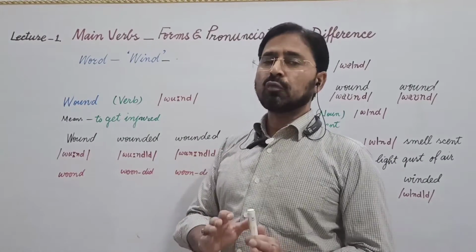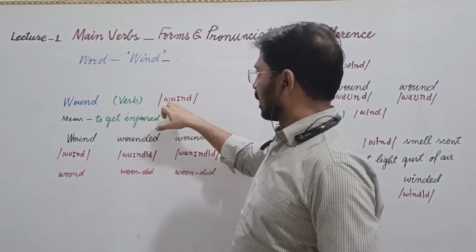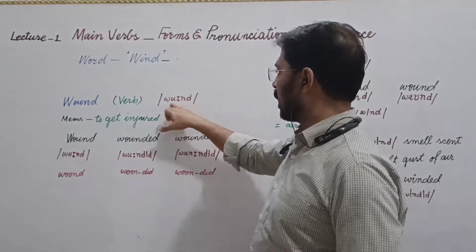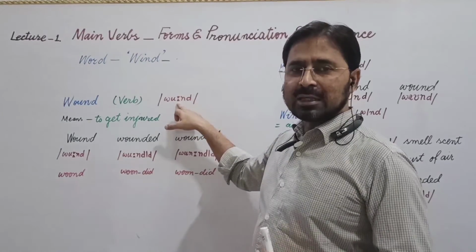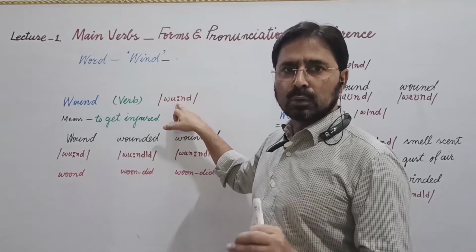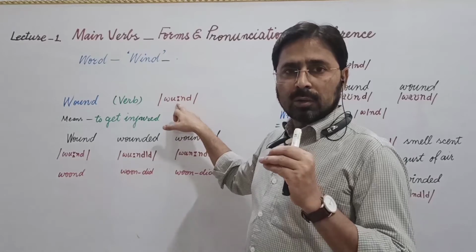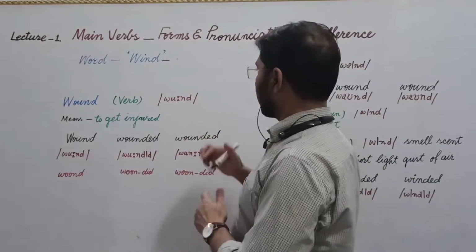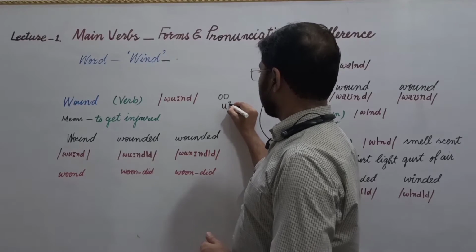The pronunciation will remain the same. If it is wound as a verb, the pronunciation according to IPA will be like this. We use this symbol when we give stress on our sound, just like oo, wound, oo. When we stress the o, I mean we write this double o, you write this symbol.